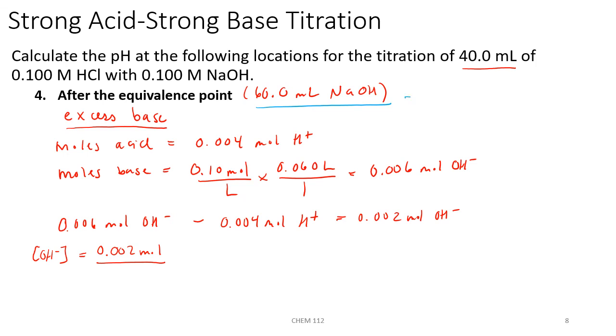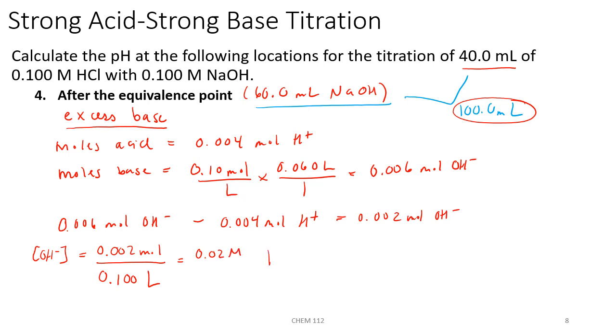So we have a total now at this point of 100 milliliters in our Erlenmeyer flask. Make sure when you calculate the concentration that you convert your volume into liters, because that's what molarity is, moles per liter. So we're going to divide by 0.1 liters. Our concentration of hydroxide ion comes out to being 0.02 molar.